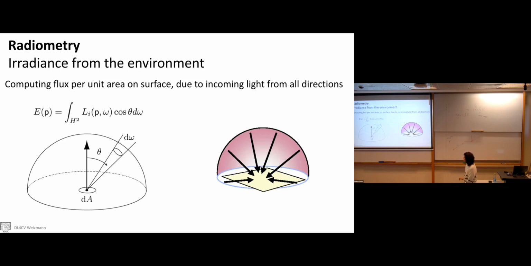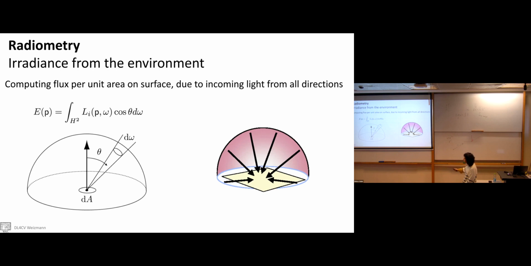Now, I would like to compute the whole energy falling on the surface coming from incoming light from all directions. Why, for example, is it important? If I have a solar energy system and would like to understand what's falling on the surface, I would like to collect all the directions and to understand how much energy I have from each direction. So I'm going to make an integral of the radiance, from the entire direction W to the point P, attenuated by cosine theta.